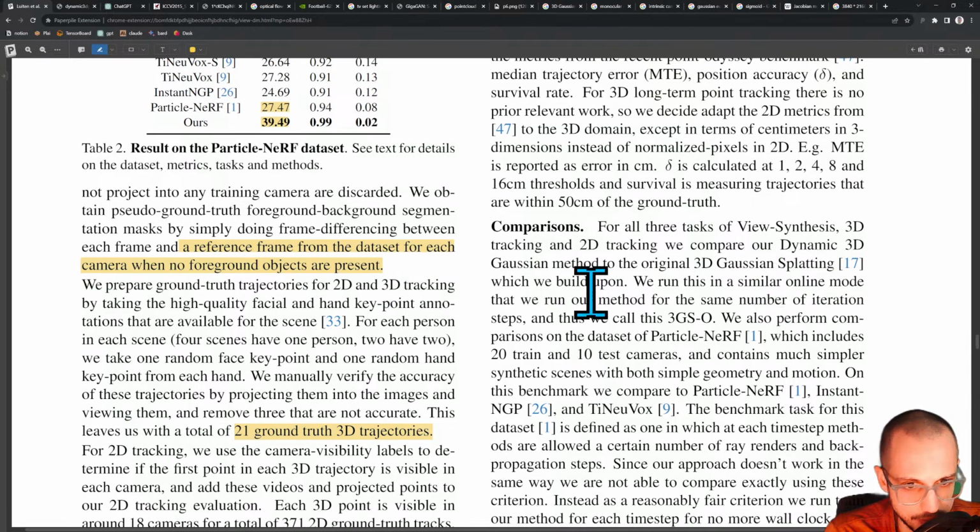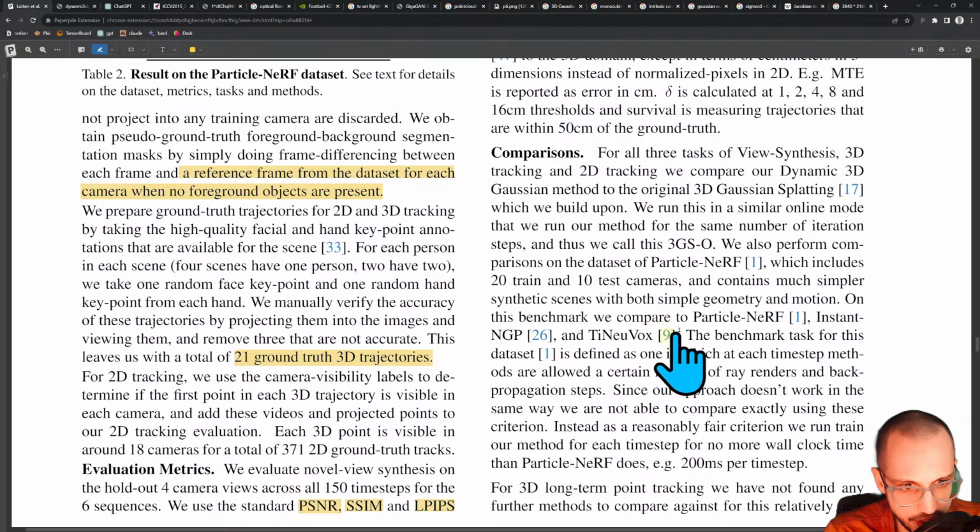Run this in a similar online mode. We also perform comparisons on the dataset of Particle NeRF, which includes 20 train and 10 test cameras. We compare Particle NeRF, Instant NGP, and TNU Vox. The new benchmark is defined as one in which at each time step methods are allowed a certain number of ray renders and backpropagation steps.